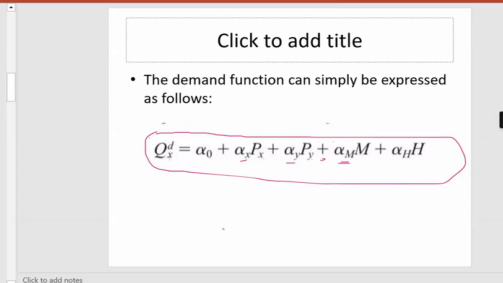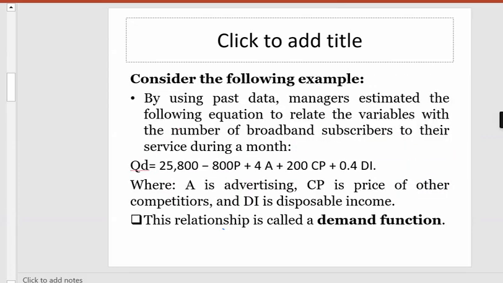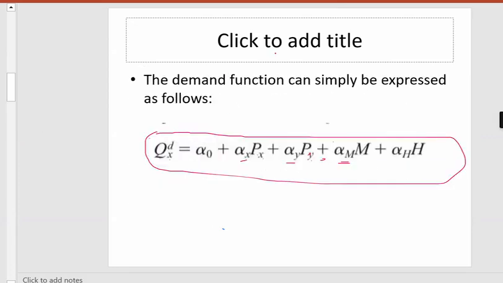Kwa mfano, if this is Coca-Cola, this is the price of what? Of Coca-Cola. This is the price of what? Other competitor, ambao ni Y. Si ndo manake? Yeah. Sasa mimi naweza nikakuuliza, if the price of Y increases, what do you expect for the quantity of X? Manake itaongezeka, si ndo manake? Yes, demand will increase. Yeah. And so on. This M represents income, this H, ile H nafikiri may define somewhere, but it's other factors, can be any.